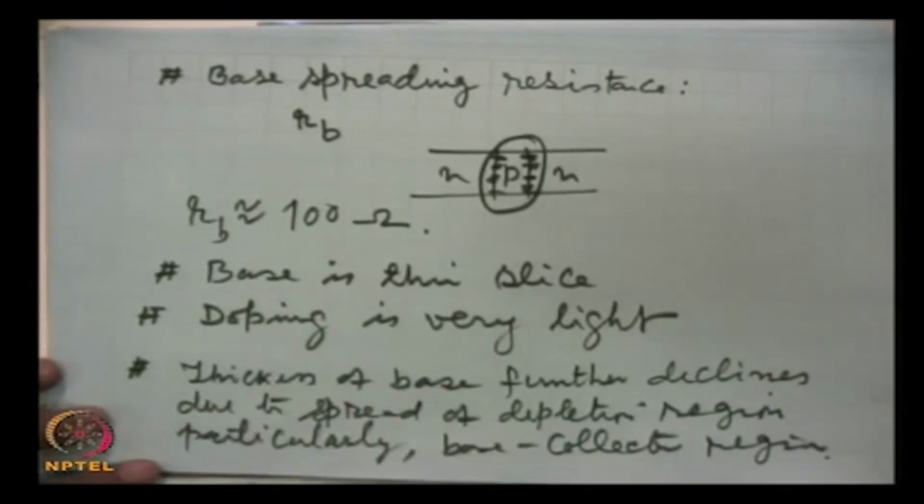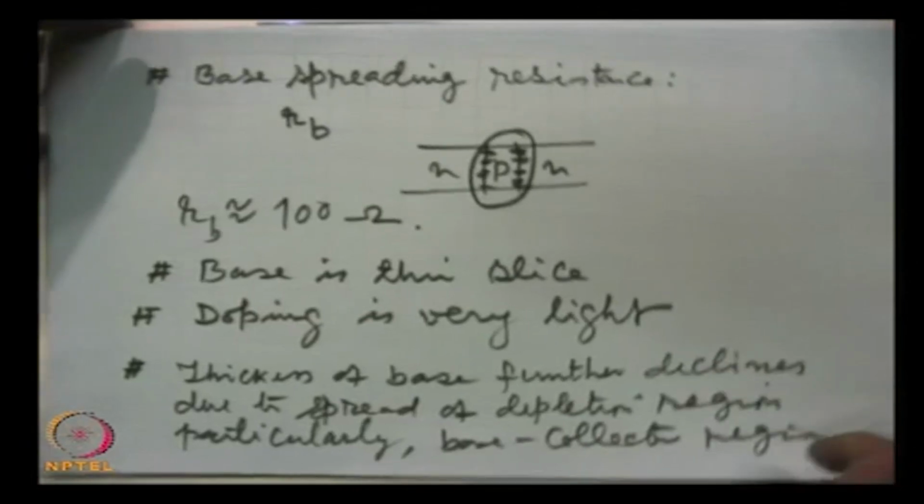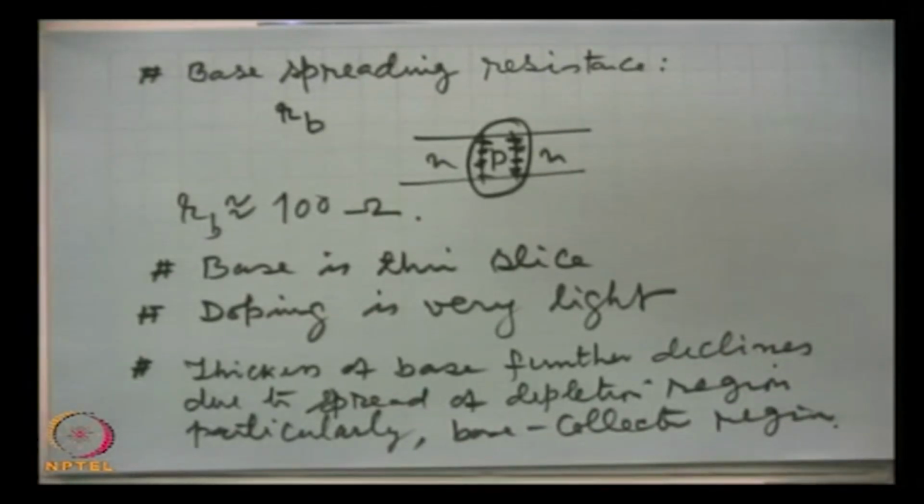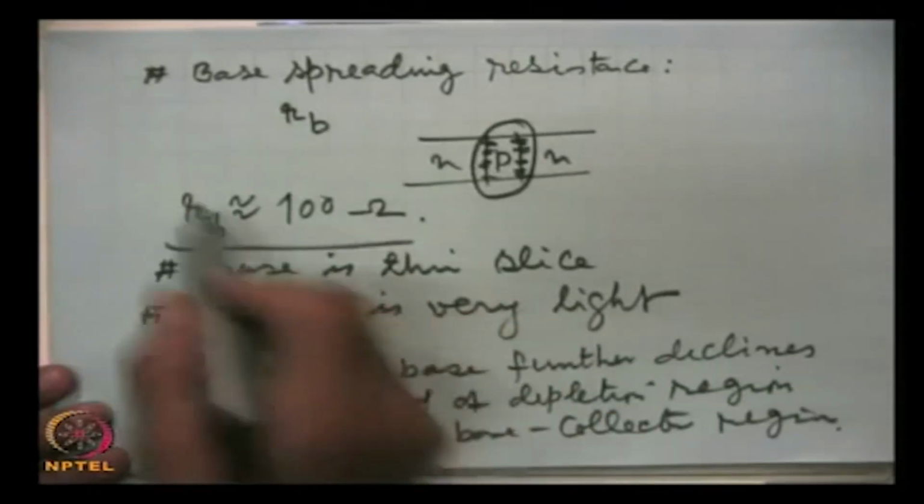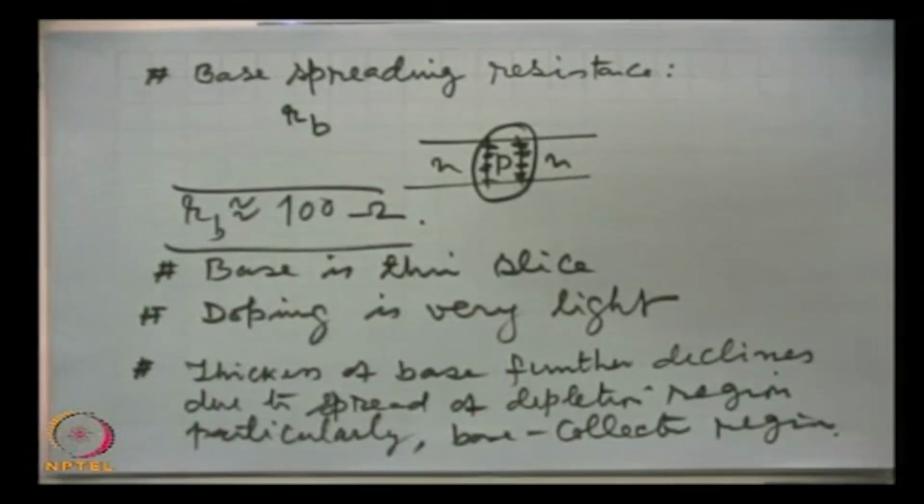So, these are the three factors which contribute to the base spreading resistance, which is of the order of 100 ohms or so.